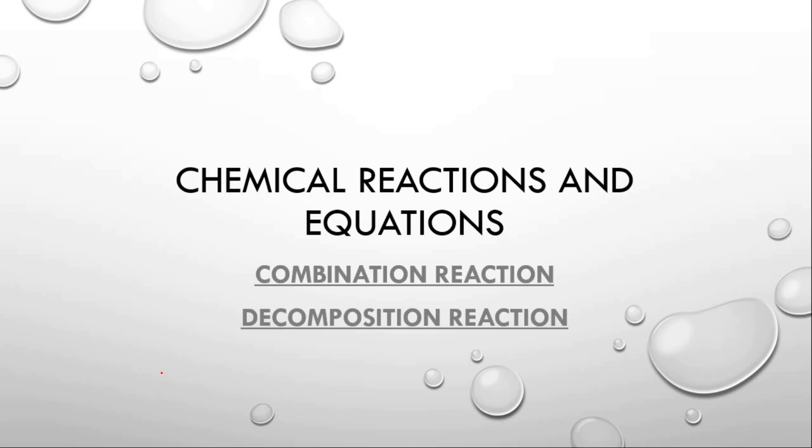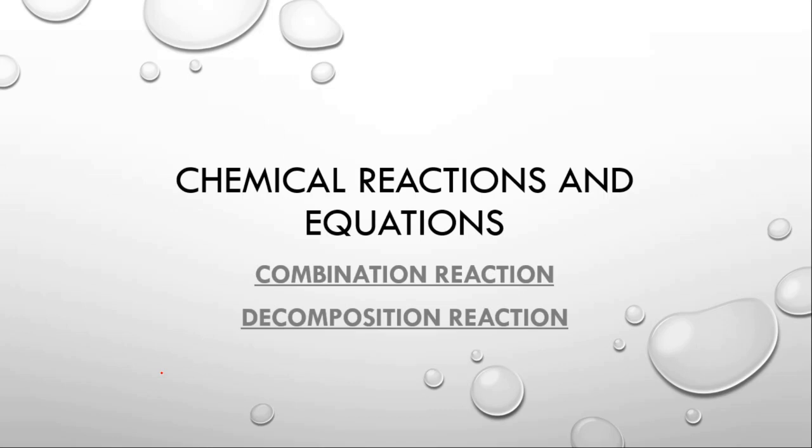So we studied generally how we are going to see whether a chemical reaction is happening or not. There were some clues by seeing which we were able to identify whether a chemical reaction is going on or not. Next, what we did was the balancing of chemical equations.